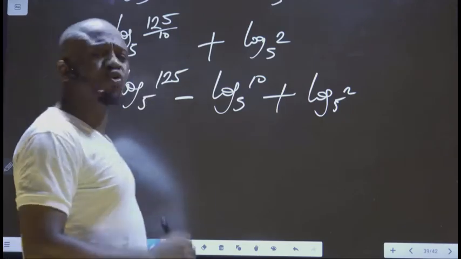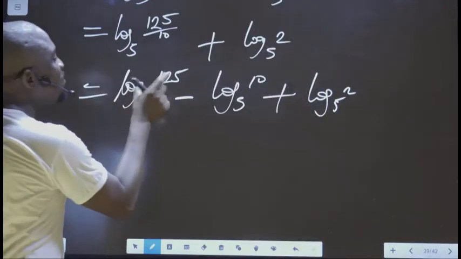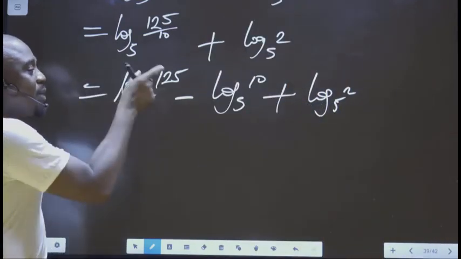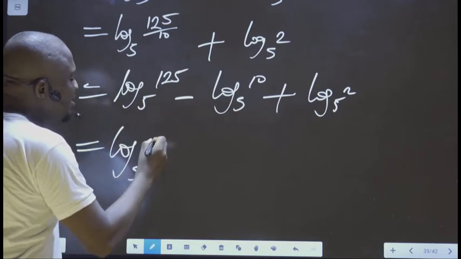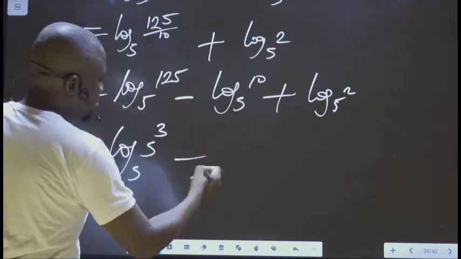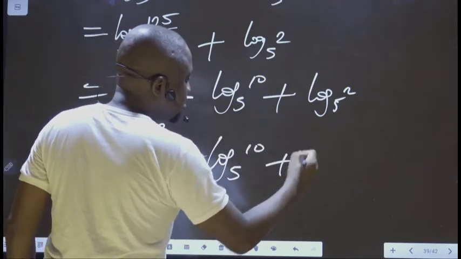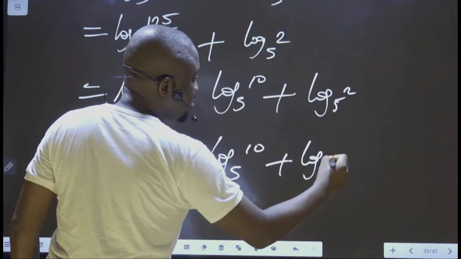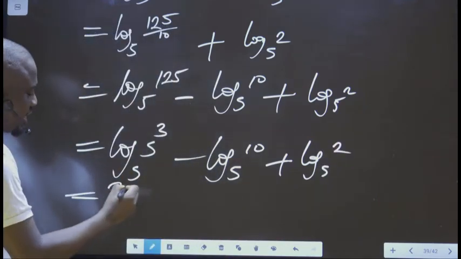What is the meaning of 125 in terms of 5? This simply means 5 raised to the power 3. So this means 3.